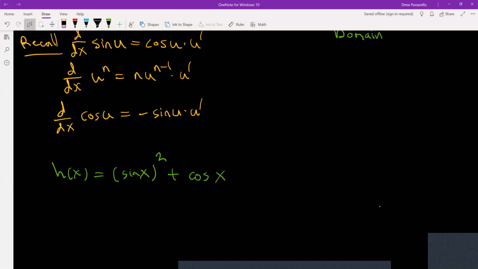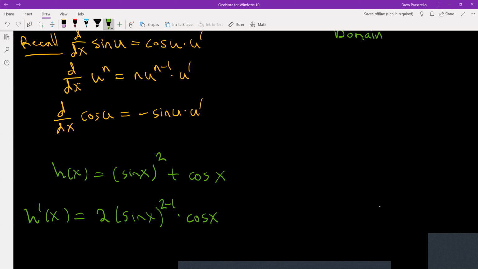So I find the derivative, h prime of x. The operation of squaring something, that's using the power rule. So I drop down the exponent, it'll be 2 times sine of x raised to the 2 minus 1, times the derivative of sine x. Well, the derivative of sine x is cosine x, so it'll be times cosine x.